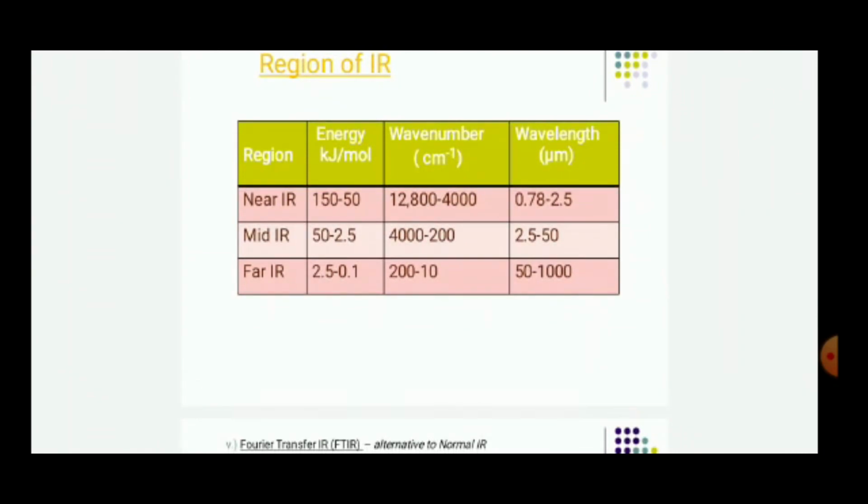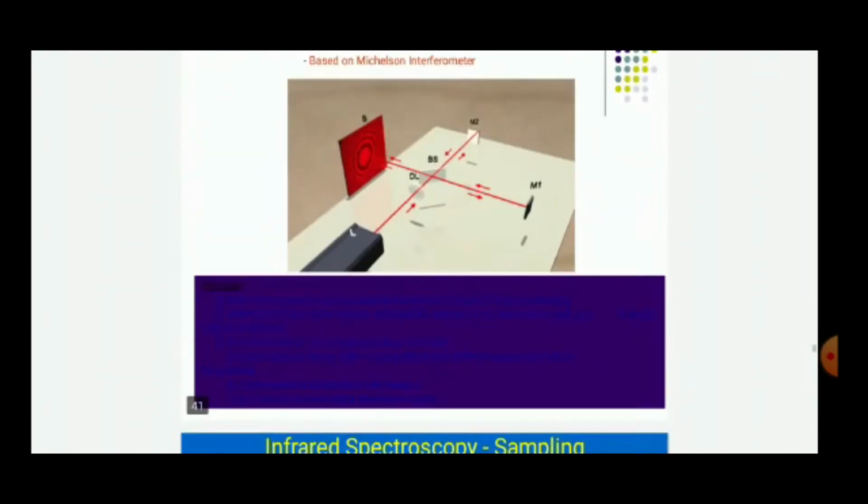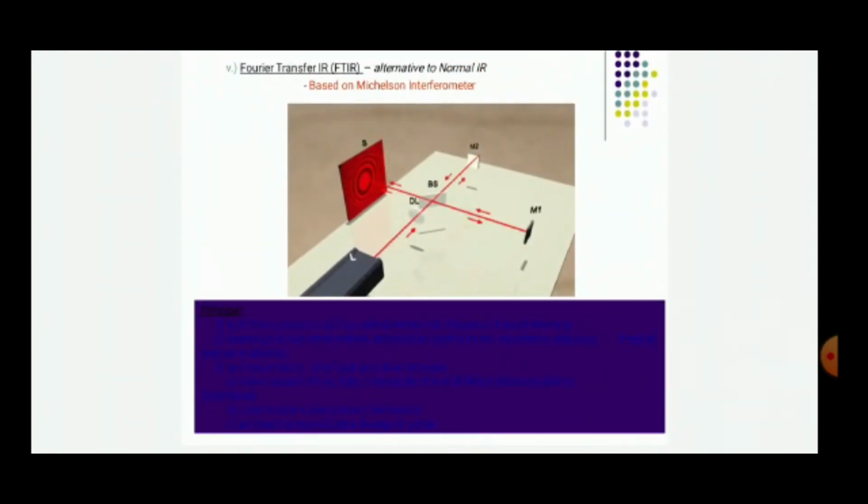These are the regions of IR: near IR, mid IR and far IR. Out of these three regions we concentrate on mid IR. As I said, it is FTIR, which is Fourier transform infrared spectrophotometer. Why is it Fourier transform?